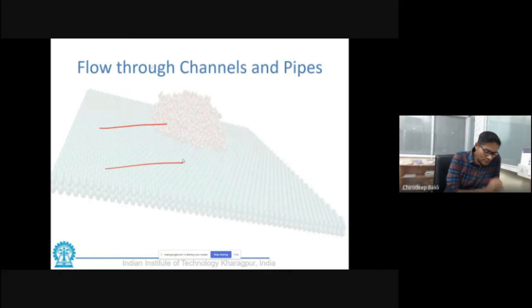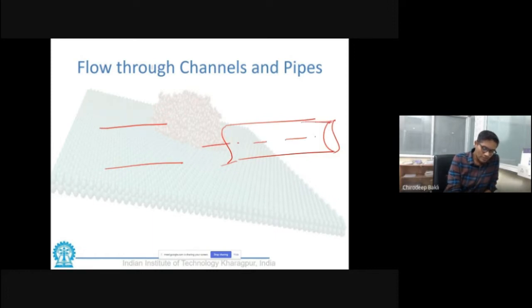Okay, great. So typically such a flow is usually observed in a channel or a pipe of circular cross section, and imagine this to be circular. The slate is quite slippery, so sometimes the lines do not come properly.